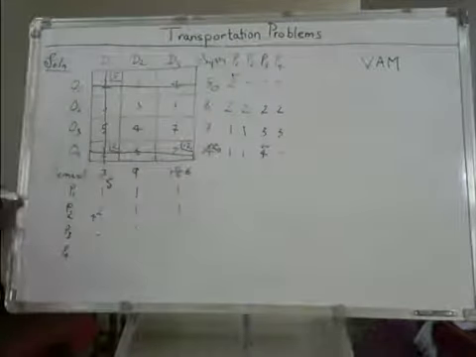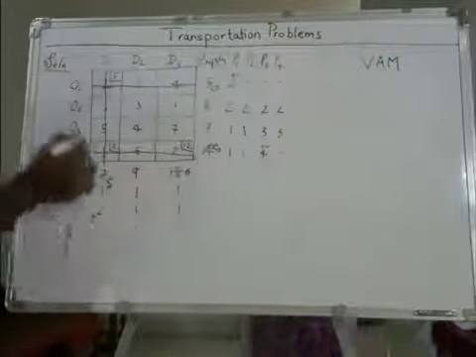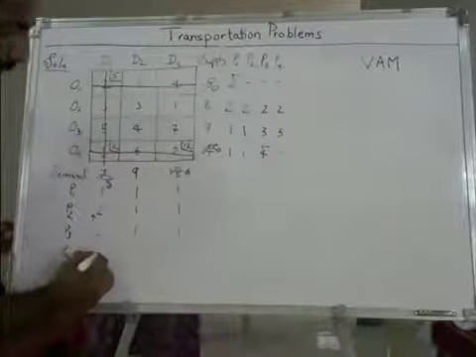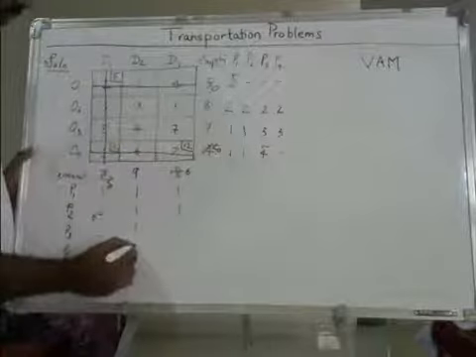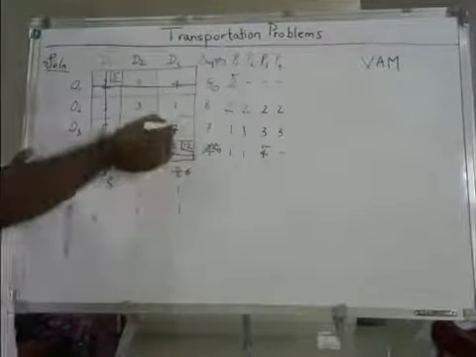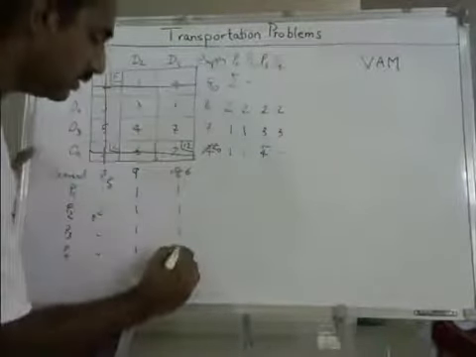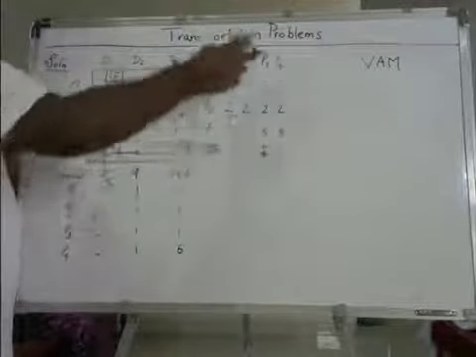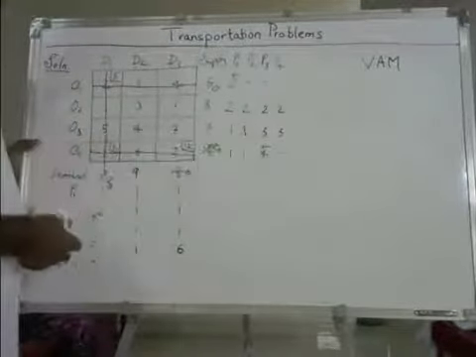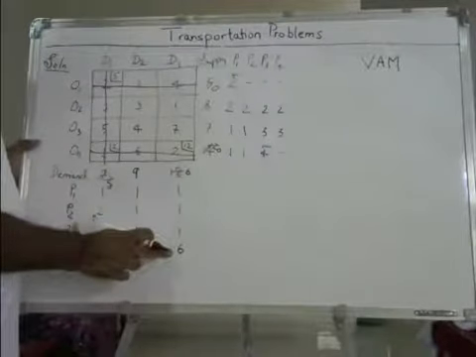Okay. So again here I will see this column is not exhausted, so I will put a dash. Here 4 minus 3 is 1, and again 7 minus 4 is 6. So which is the highest penalty cost in this P4 series? It is 6. 6 is the highest value.